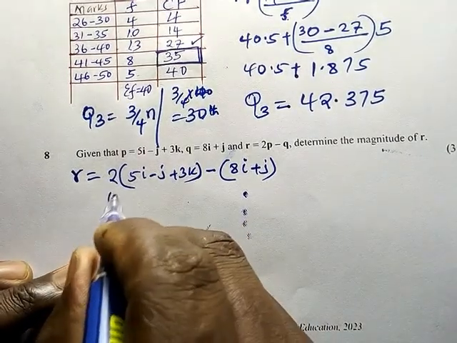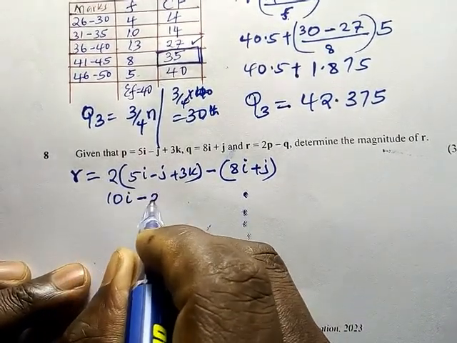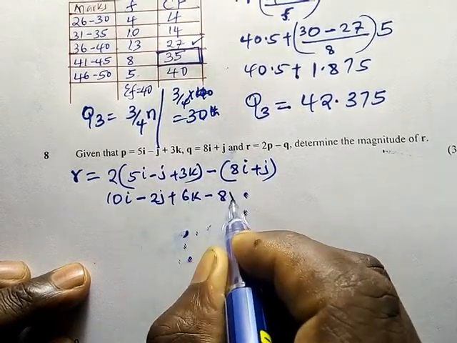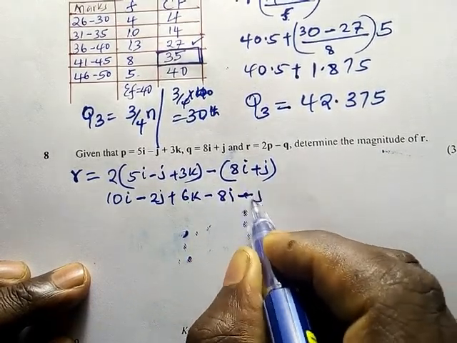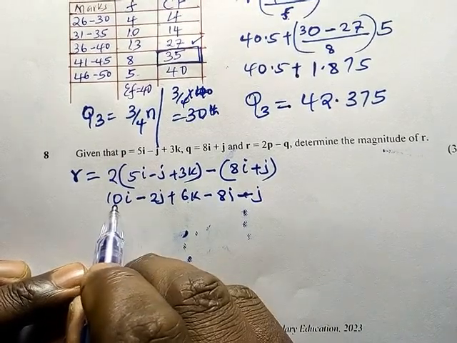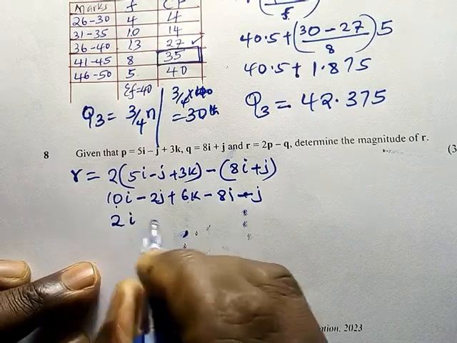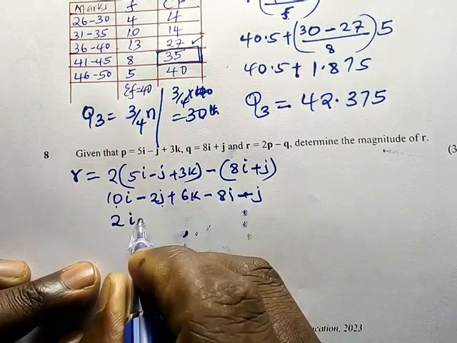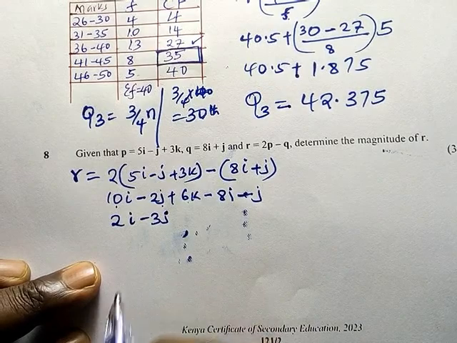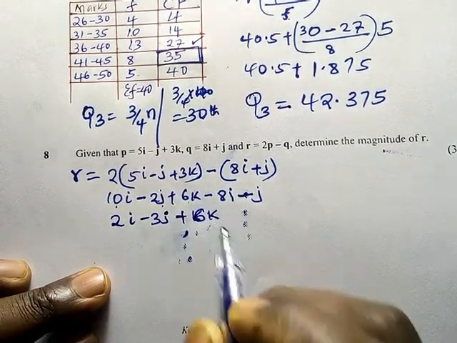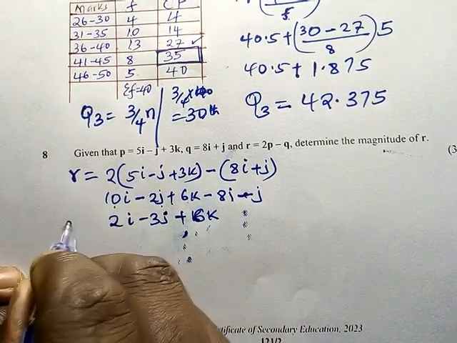So opening here, we are going to have 10i minus 2j plus 6k minus 8i minus j. Like terms together: 10i minus 8i, we are going to have 2i, negative 3j, and then plus 6k. So this is equal to R.